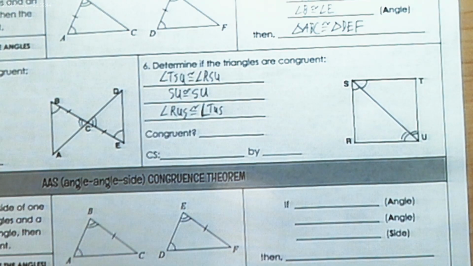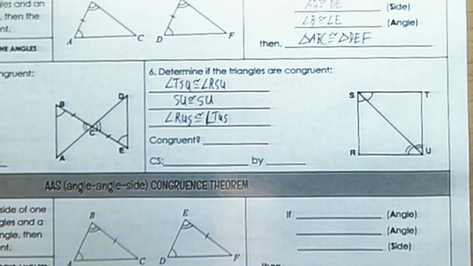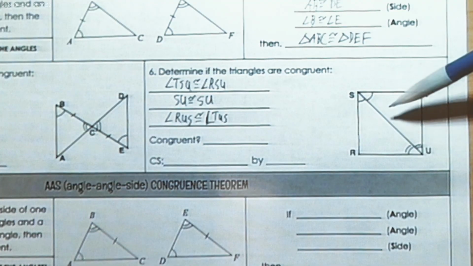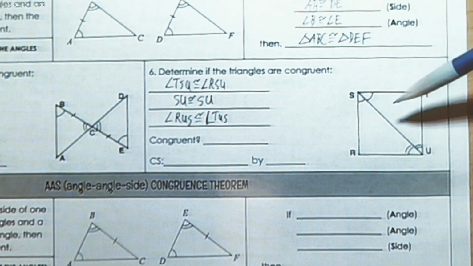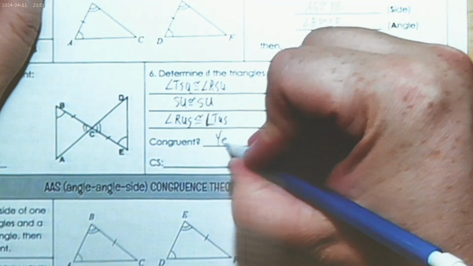And again, do I have to list them in that order? Do I have to list them with that sort of priority? No, you don't. I just chose to do it that way arbitrarily. So are they congruent? Yes.